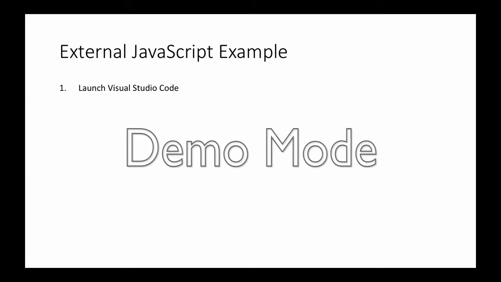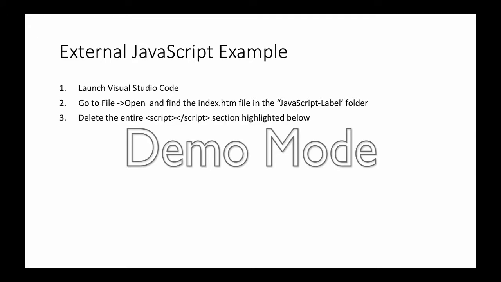So the first thing I will do is to launch Visual Studio Code. If you don't have it open already, please go ahead and launch that. The next thing I will do is open my index.html file. That can be found in the JavaScript label folder. Then we will delete the JavaScript code within those script tags and paste that in a text file so we can reference that later.